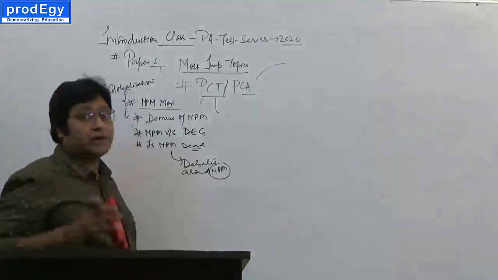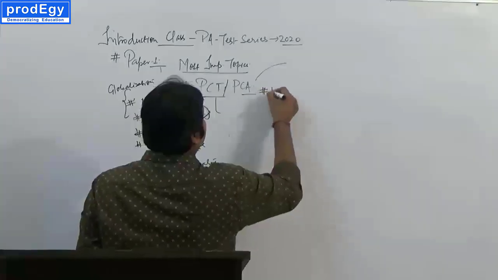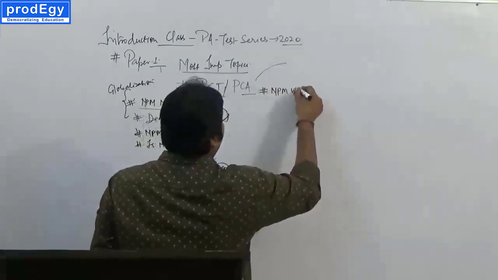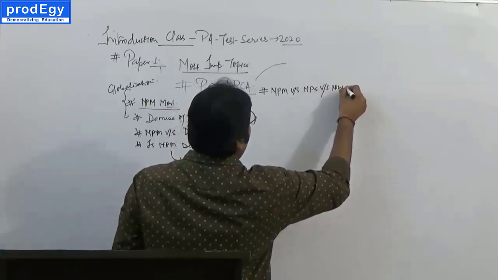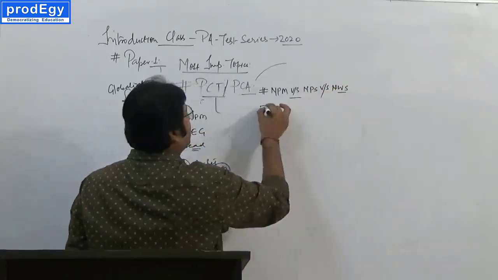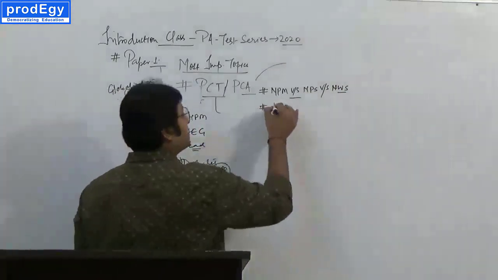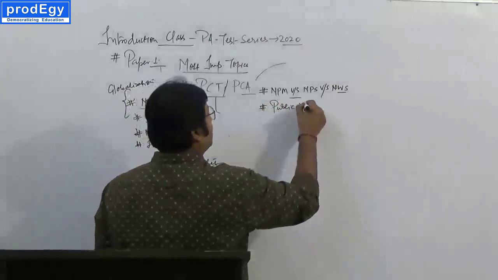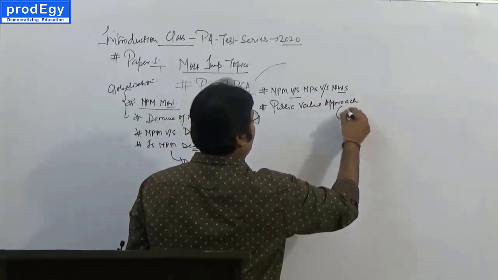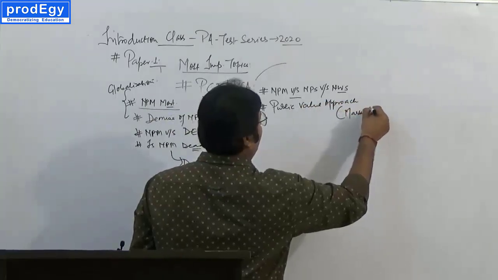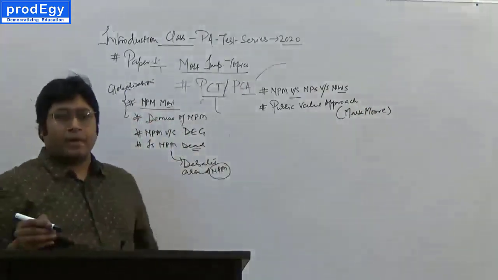And this can all be done when we are studying the public choice approach. That is the most important thing. So, NPM versus NPS. Now there has been a public value approach which has emerged, Mark Moore, right?